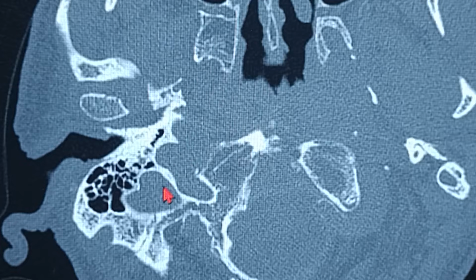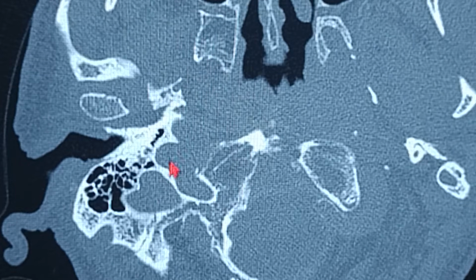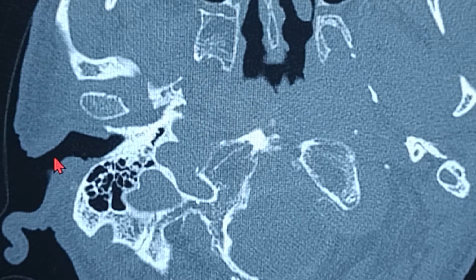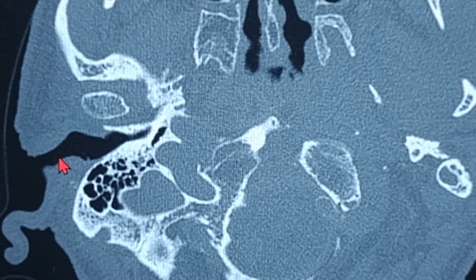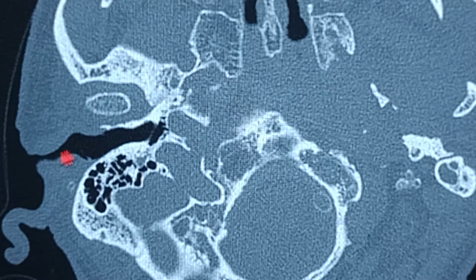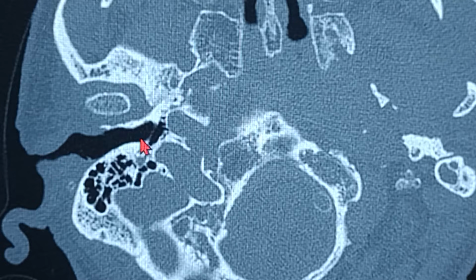you can see these two structures coming into view. I'll explain after some time what these two structures are. But for them to have a landmark, I need to expose and show you the tympanic membrane over here. Now you can see that's the complete external auditory canal over here. You can see that's the membranous external auditory canal, and that's the bony external auditory canal.